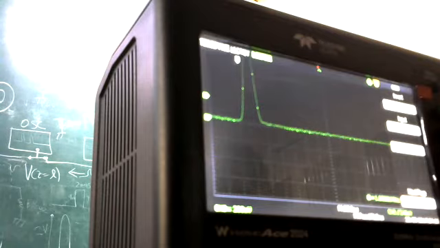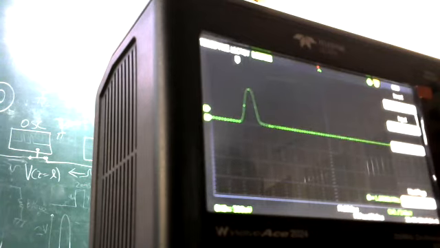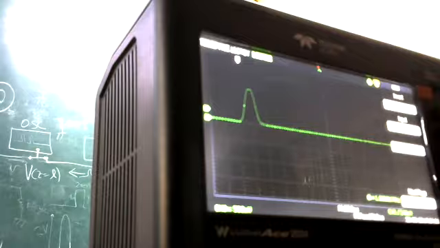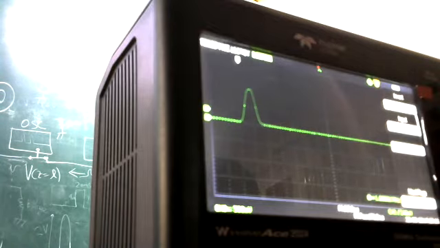The source is set to 1 volt peak to peak, and that's the number it would expect to be seen on a 50 ohm load. The oscilloscope is currently set at 500 millivolts per division. So you are seeing 2 boxes, so it's 0 to 1 volt.